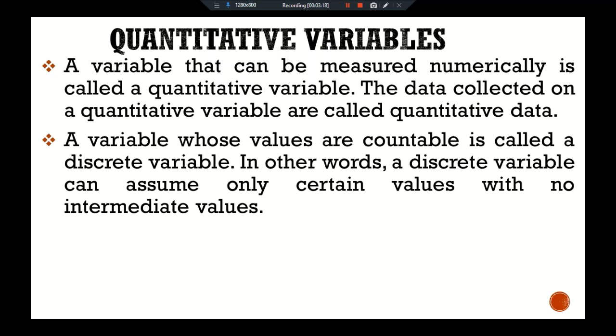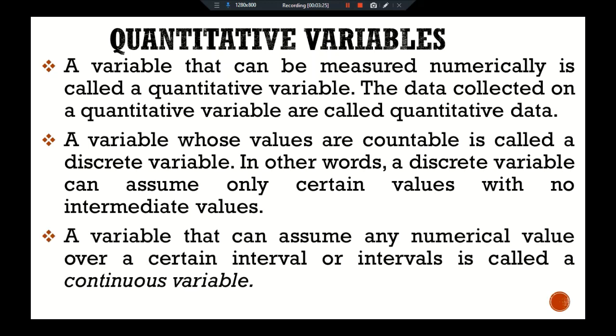We have another type of variable, the continuous variable. Sometimes variables cannot be counted and they can assume any numerical value between two numbers. Such a variable is called a continuous variable. A variable that can assume any numerical value over a certain interval or intervals is called a continuous variable. The time taken to complete an examination is an example of a continuous variable.